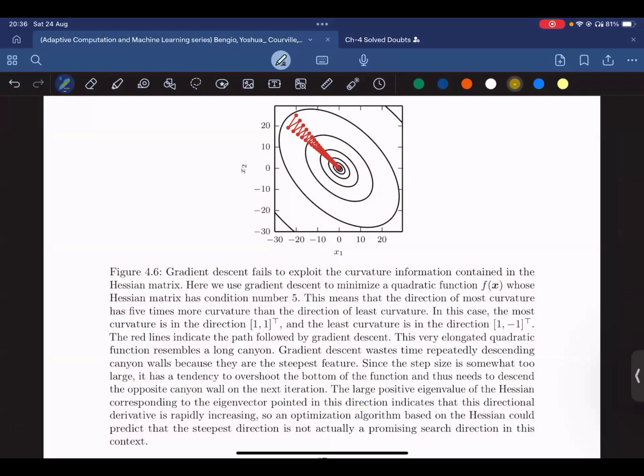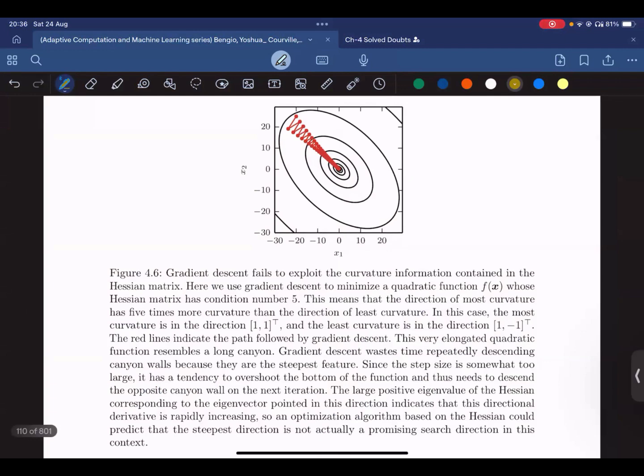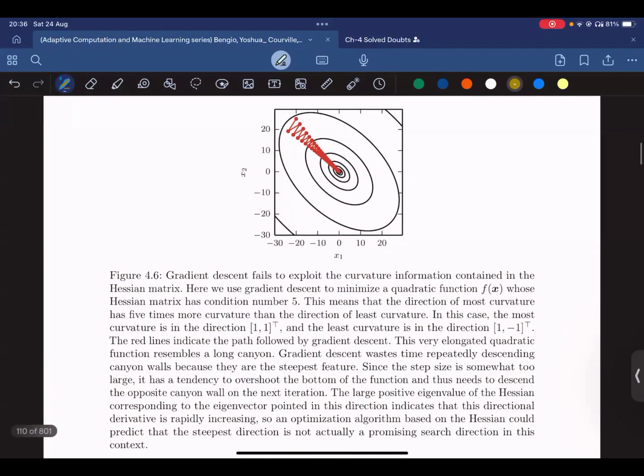I was trying to visualize this curve, but it's not quadratic. I tried implementing this, but for quadratic functions, as we go farther away from origin, this gap will reduce. Not sure, they have mentioned here it's a quadratic function, but I'm not exactly sure what exact function this is.